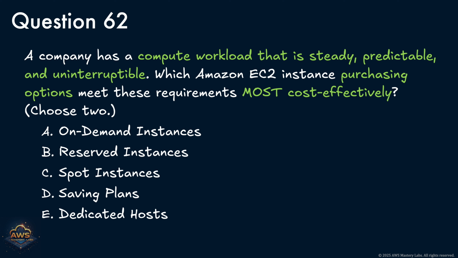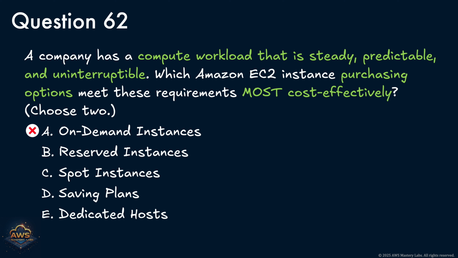The term uninterruptible is critical. It immediately eliminates any option that comes with the possibility of forced termination, such as spot instances. Lastly, the phrase most cost-effectively adds a layer of financial strategy. It's not enough for the solution to simply work. It must do so in a way that minimizes long-term costs.